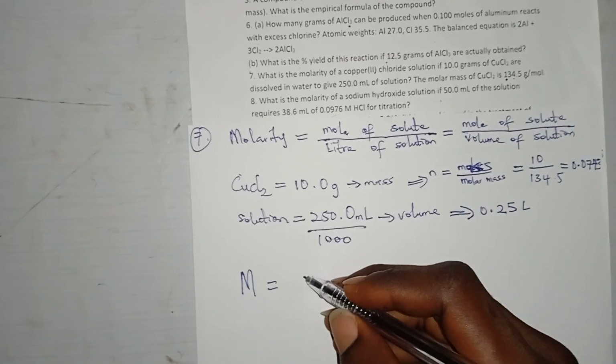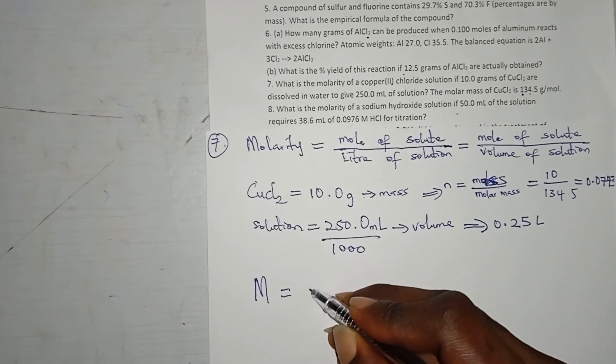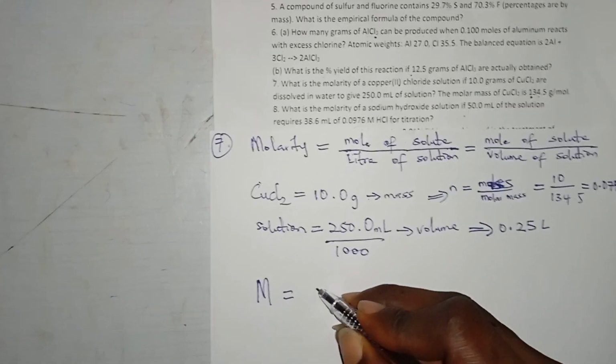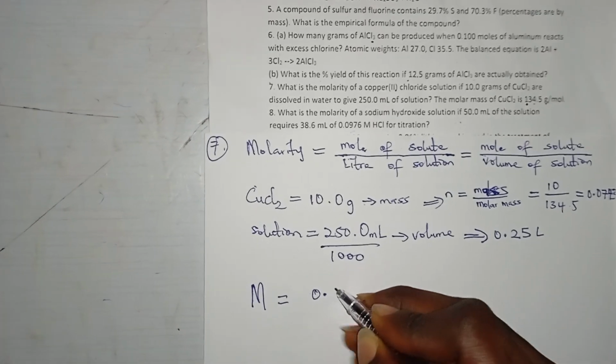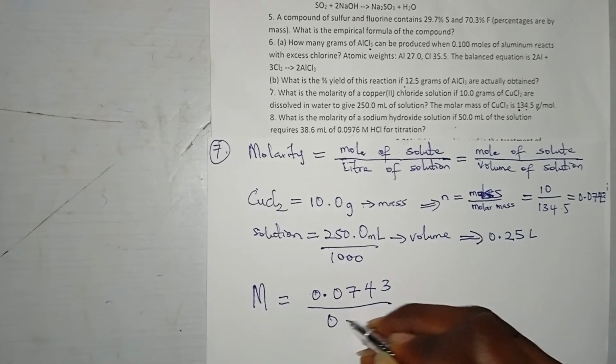Always know that molarity is the same thing as concentration. When I'll be teaching you titration very soon, you'll understand that. So molarity is equals to 0.0743 all over 0.25.